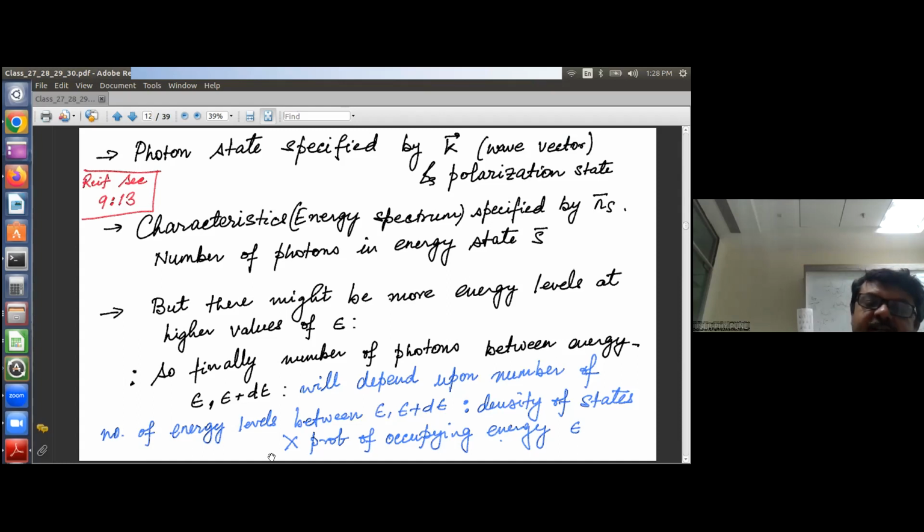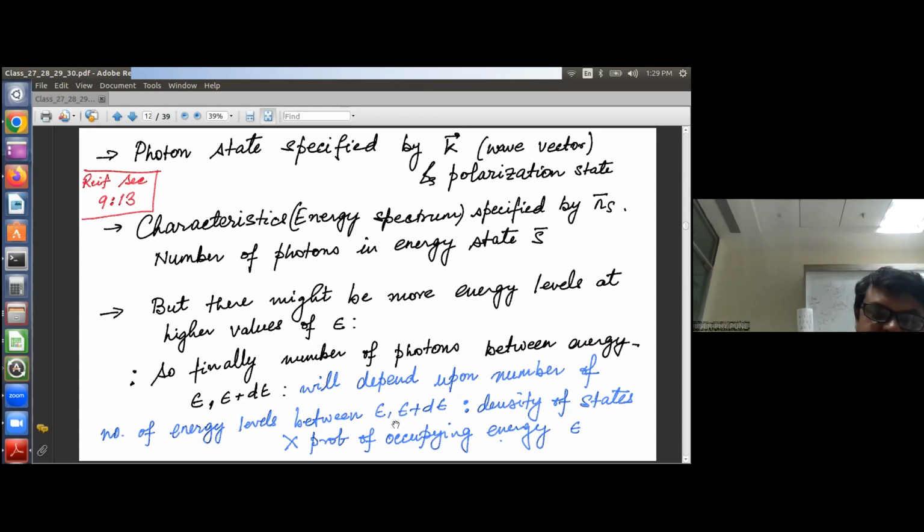The probability decreases with increasing energy level, while the density of states increases. So if you take a product of an increasing function and a decreasing function, you're likely to find a peak. At some point, the product of the two will reach a peak. Of course, it will depend on the nature of the functions as well. So that's what we are after.